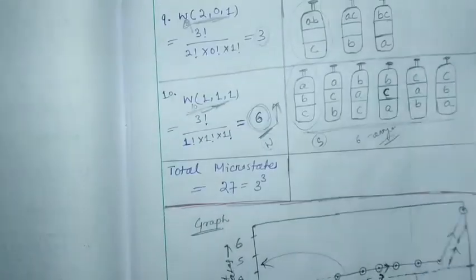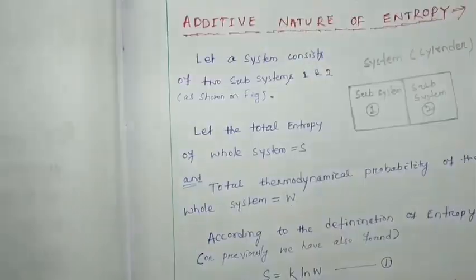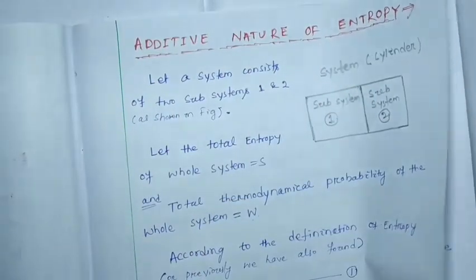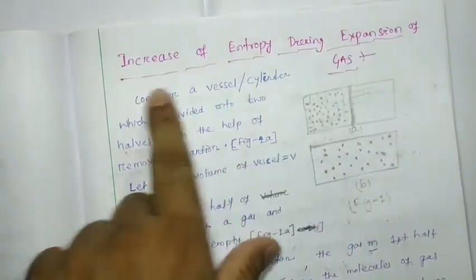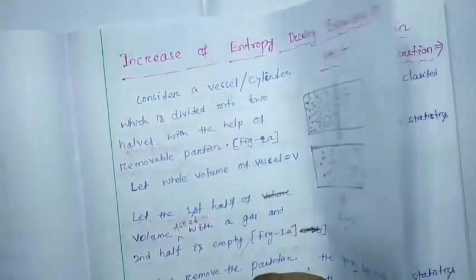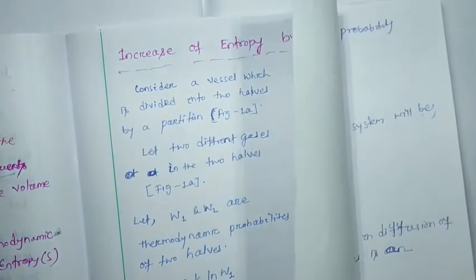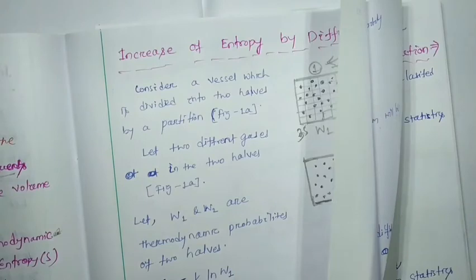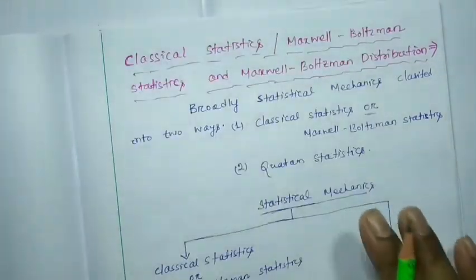Then we discussed how the entropy increases, and the additive nature of entropy. Then we discussed how entropy increases for expansion and for diffusion. That we discussed in detail in our last class. I suggest that you go through the previous videos before you start this video.